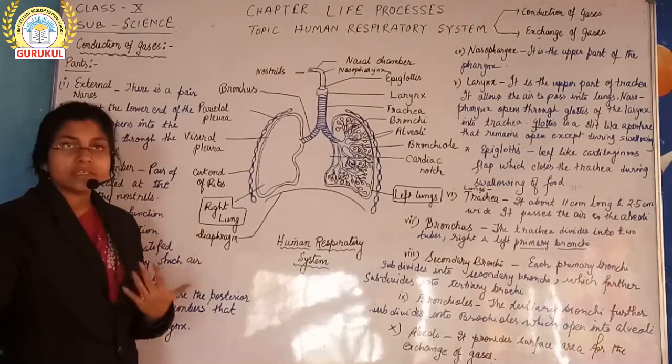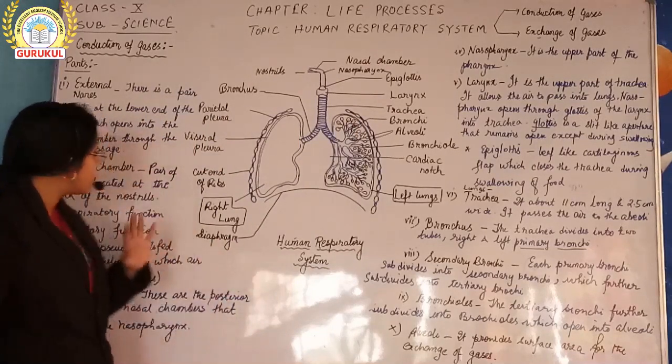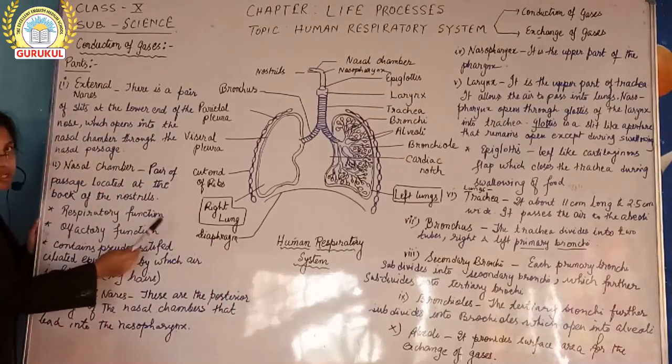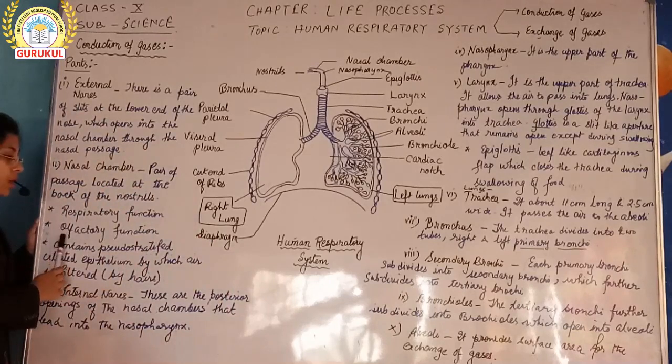Okay. Now see, interestingly, this nasal chamber has different roles. It allows the passage of gas, that's the first role, but it has other functions as well. Respiratory function that I already discussed. Olfactory function. Olfactory means the sense of smell. So basically, the nasal chamber has olfactory functions.